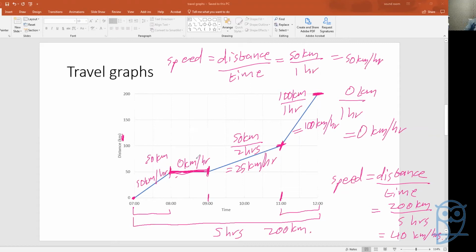Now, they then give you a second family. And the second family is now trying to get to the same place, but by train. And if it's by train, that means zoom. Train just keeps going straight through. There's no stops.